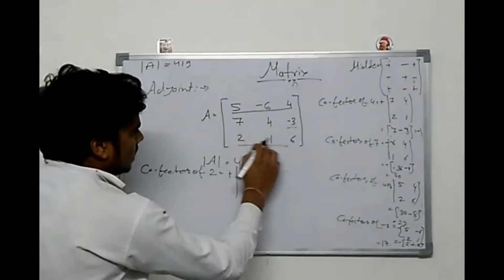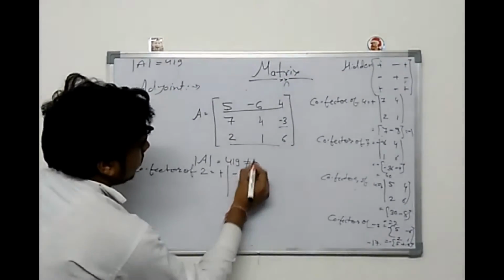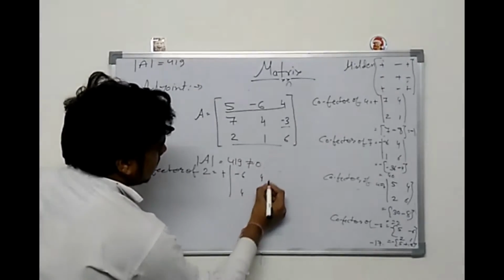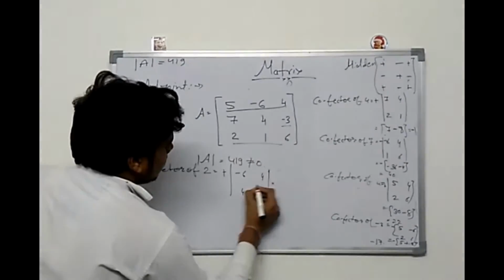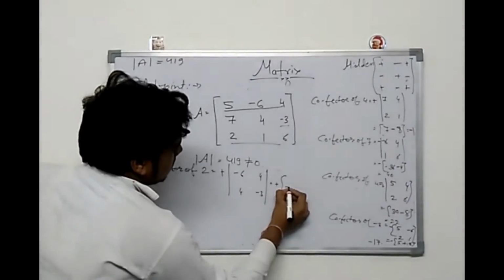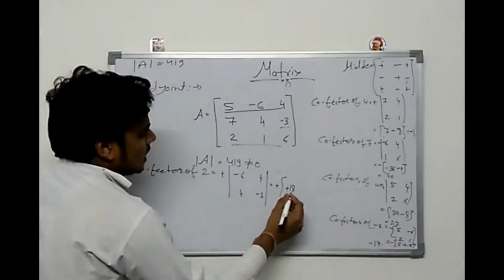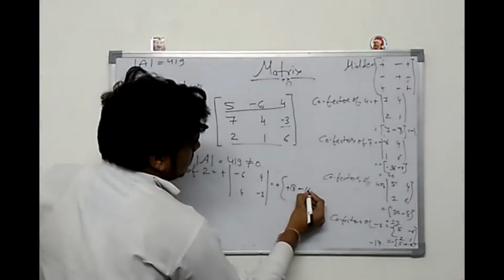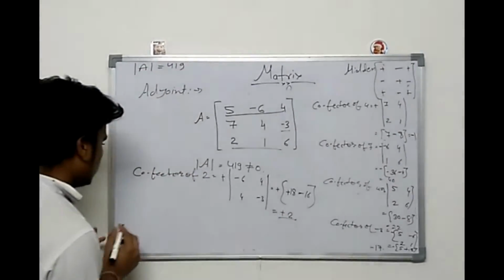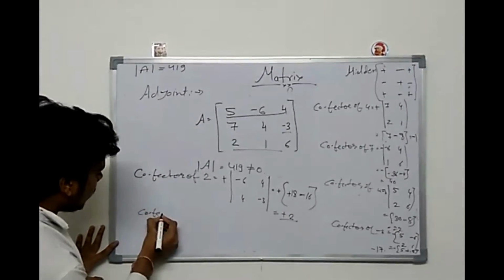This column and this row will be hidden. Then what will be left? -6, 4, 4, -3. Minus minus plus, 80 minus 16. The answer will become 2.